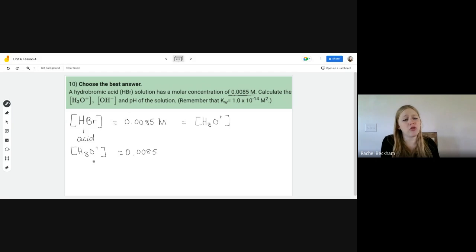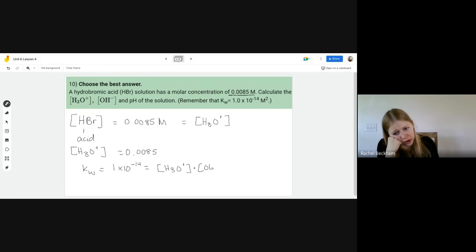For the OH, we have to do some math. Remember that we have that formula that Kw, which is always 1 times 10 to the negative 14th, is equal to H3O plus times OH negative. Well, we know what H3O plus is, right? It is 0.0085. So I can plug that in. 1 times 10 to the negative 14th equals 0.0085 times OH.